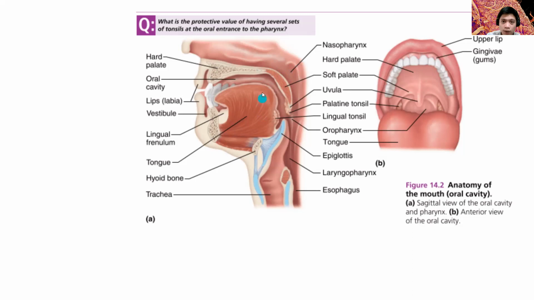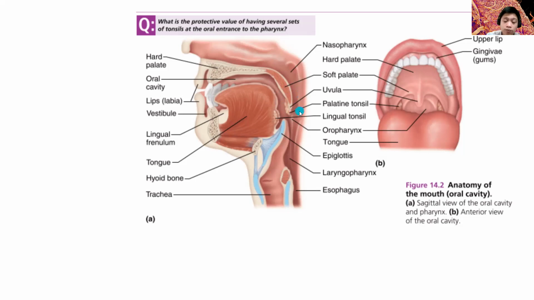So the tongue should go up, the uvula should go up and backwards to physically separate the nasopharynx from the oropharynx. Okay, and the tongue, after it goes up, should push the food backwards. So it goes up and backwards. So that will now push the food into this portion, the oropharynx.